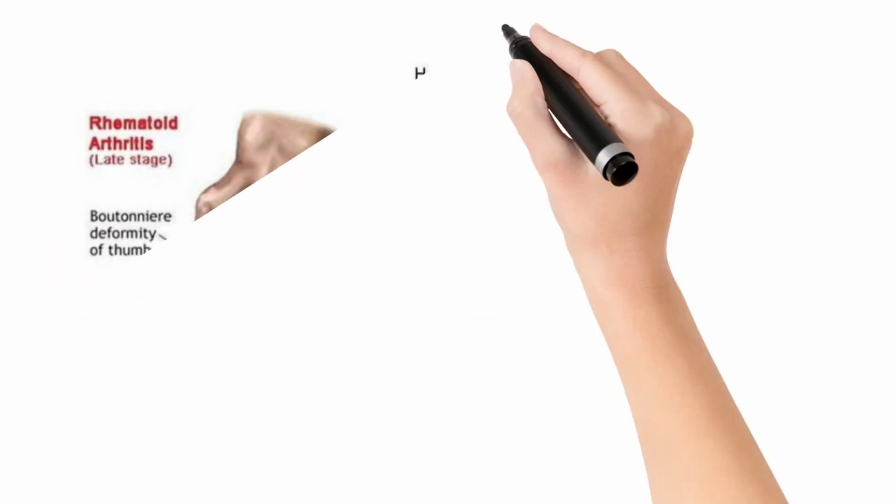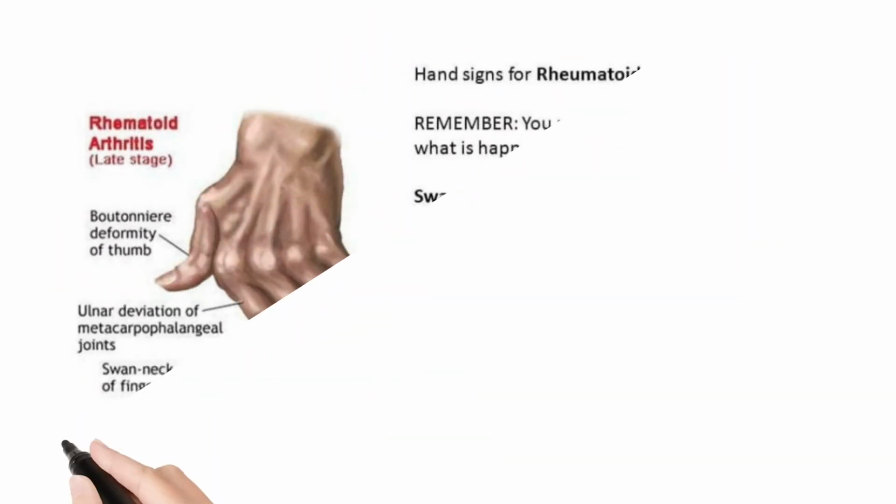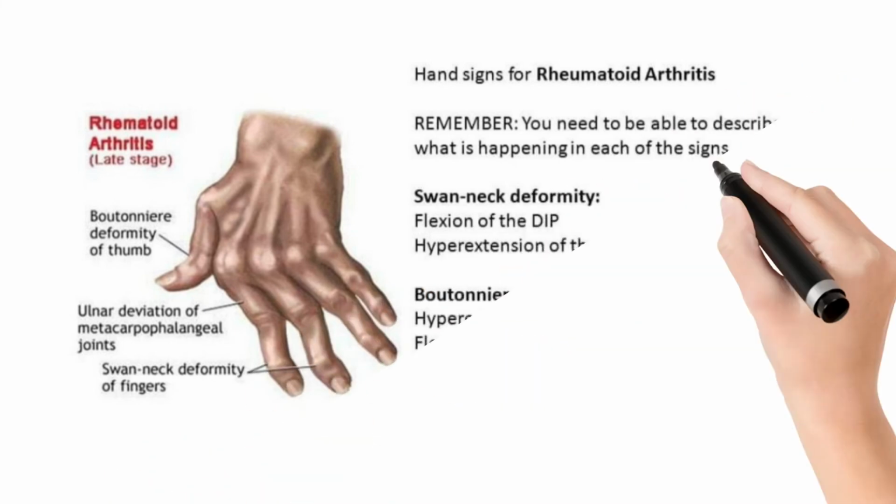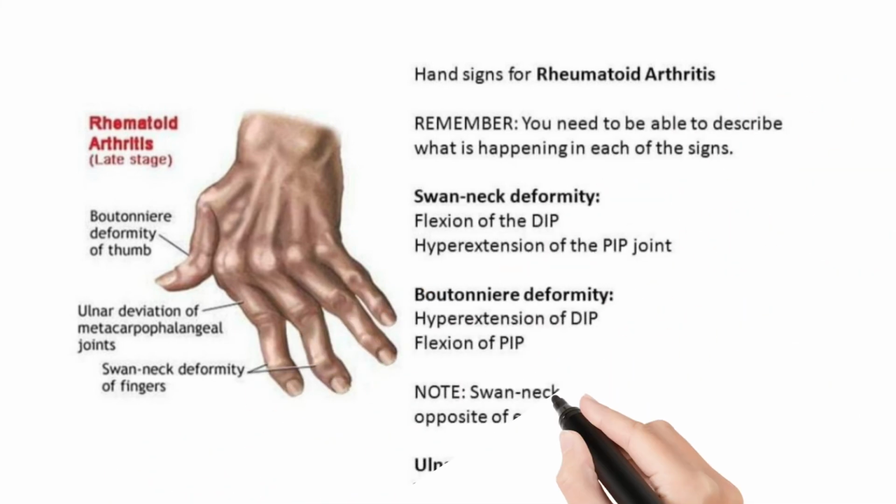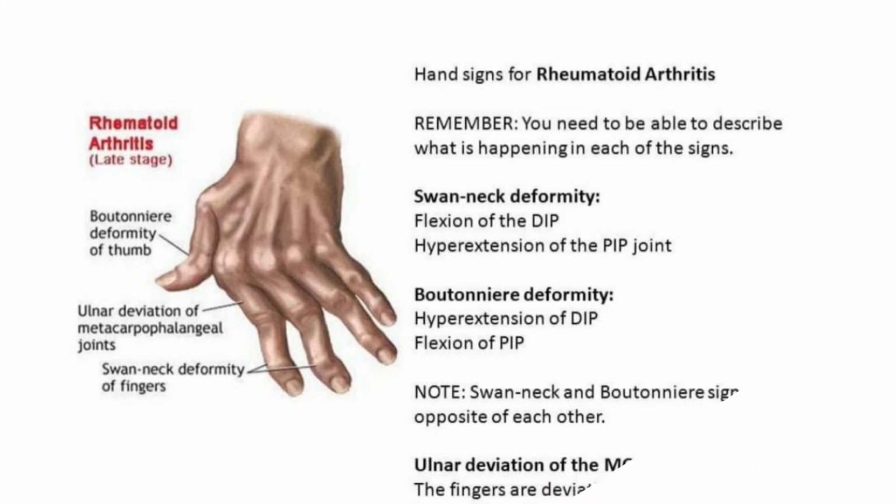So the deformities associated with rheumatoid arthritis are ulnar deviation, metacarpophalangeal subluxation, swan neck deformity, and boutonniere deformity. What is swan neck deformity? It is flexion of the distal interphalangeal joint and hyperextension of the proximal interphalangeal joint.